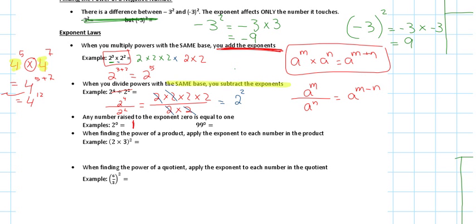One. Everyone? Okay, try 99 to the power of 0. 1. So anything to the power of 0 is 1.